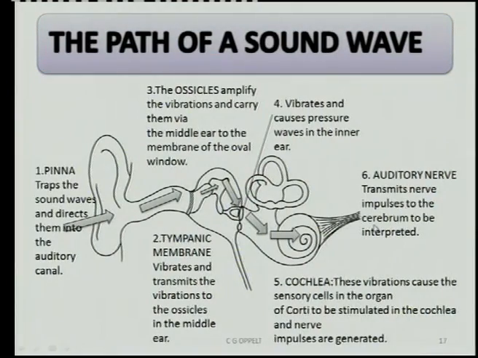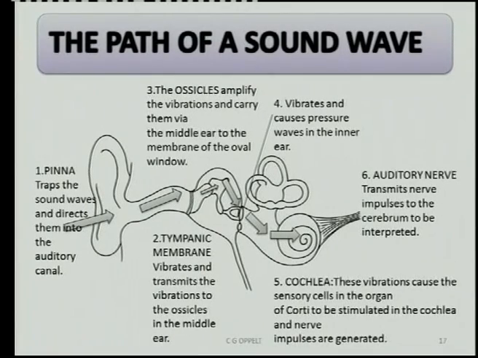But let's look at that. Yeah, I think it's actually a very good idea, the whole way that you've said that. Okay, and here's step by step. The pinna traps the sound wave. There you can see number 1. It's directed, so it's also about the function of the various parts, directed into the auditory canal. The tympanum or the eardrum starts to vibrate.